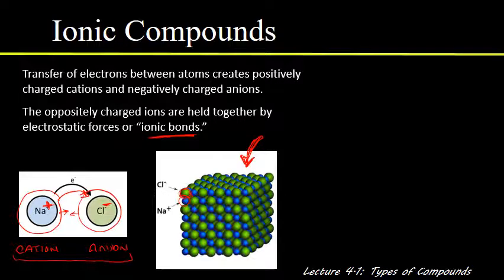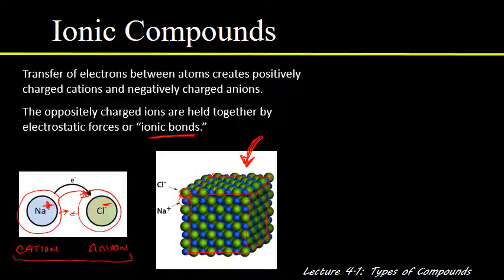You just have this large three-dimensional array of positive ions and negative ions. You wouldn't really say that's one molecule and that's another molecule. It's really just a large collection of positive and negative ions all attracted together by that electrostatic force.